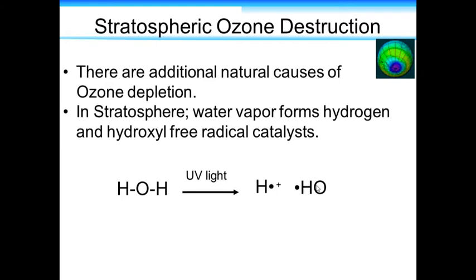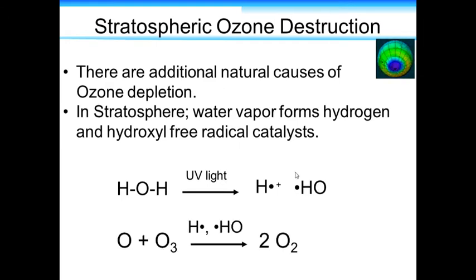So a catalyst lowers the necessary energy for a reaction to occur. And so once these radicals, these catalysts, are formed, they accelerate the breakdown of ozone. Another aspect to catalysts is that they are regenerated. They play a role in the reaction, but at the end of the reaction, they're still around, which means they can react again.